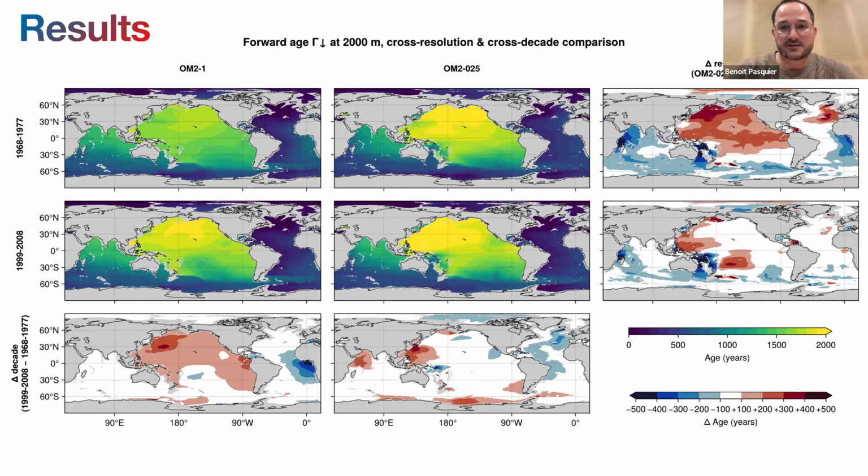So here are maps of the age, the ideal age at 2,000 meters. On each row, the first two rows, you have the two time periods, so the early period and the later period. On the two columns are the two resolutions, and the third row and third column are the difference plots.